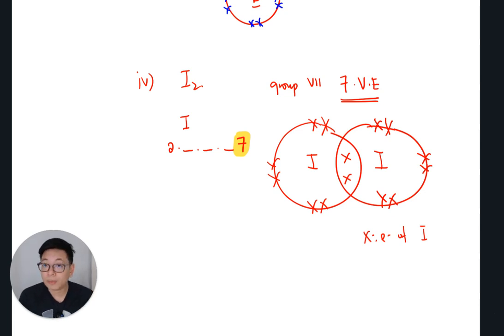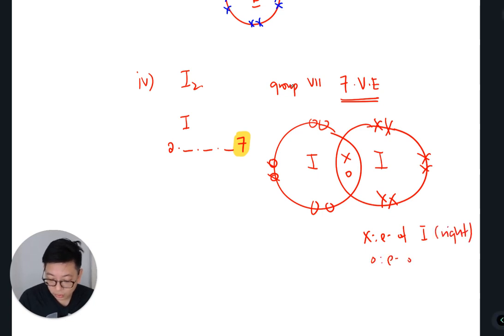But if you're not comfortable with that, or your school teacher says it must be different, then you can go with circles like what I did previously. Let me just replace all of that: circle, circle, and circle, circle. Then you can do crosses as electrons of iodine on the right side, and circles as electrons of iodine on the left. That is fine as well if you want to draw a legend.